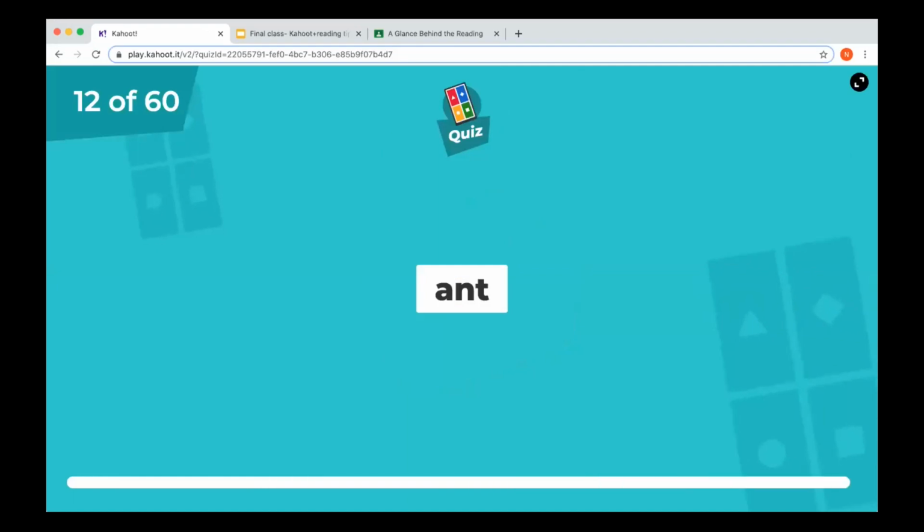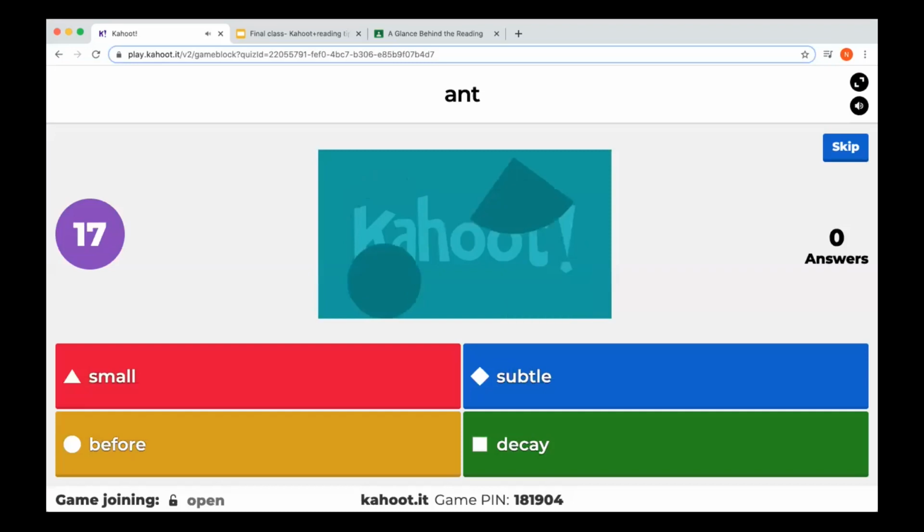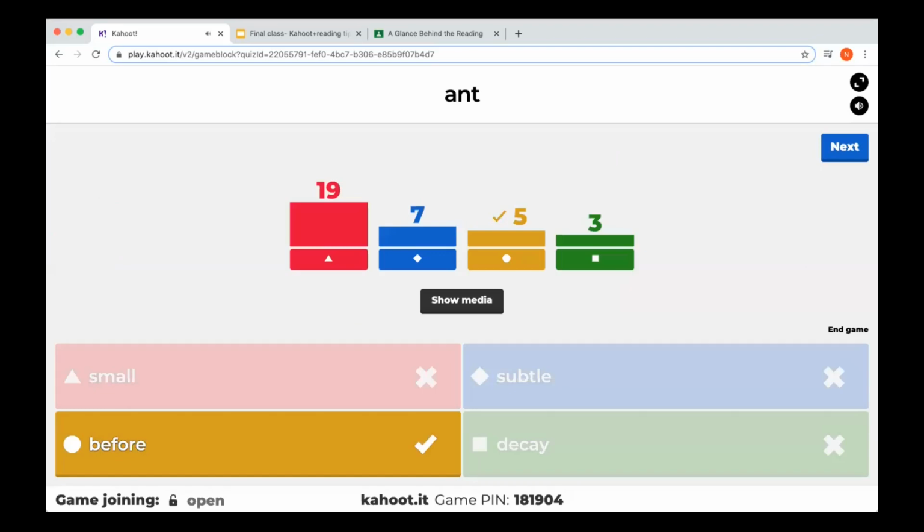Ant. Red is small, blue is subtle. Sorry, colors are weird. Yellow is before, and green is decay. Ooh, ant as in small, like an insect.